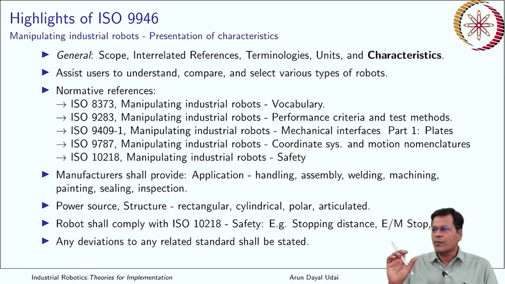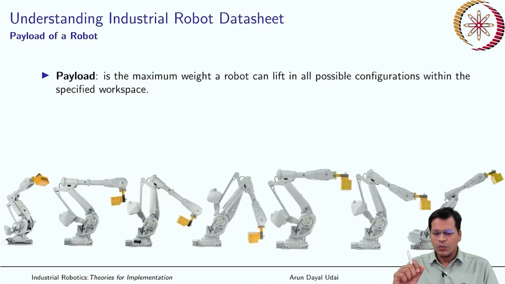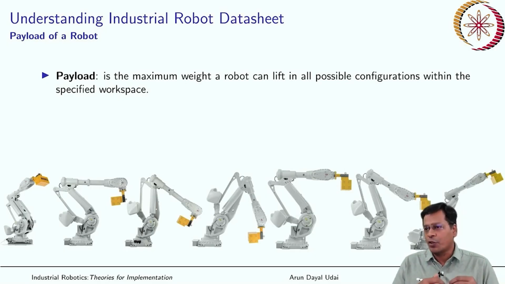Let us now start defining, one by one, the different special parameters which are always there in a robot technical specification sheet, and that is what anybody will seek. Those are known as characteristics of the robot, which basically characterize the industrial robot. Let us start with the first one in the queue, that is the payload of a robot.